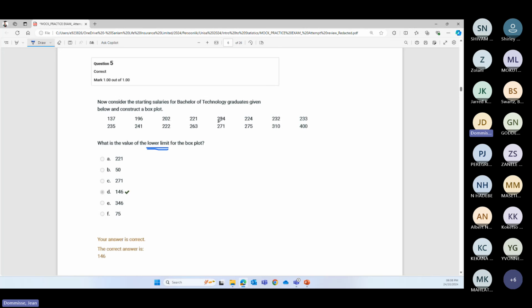This was also, I think, in your first assignment. And if it wasn't in the assignment of yours, it was definitely in some of the mock assignments and previous. So very important, Q1 minus 1.5 times the interquartile range.